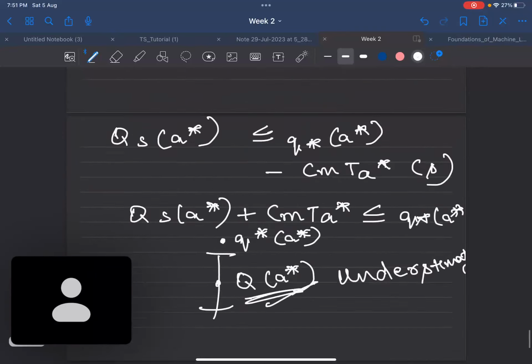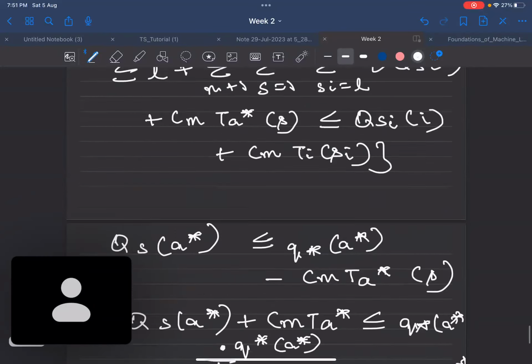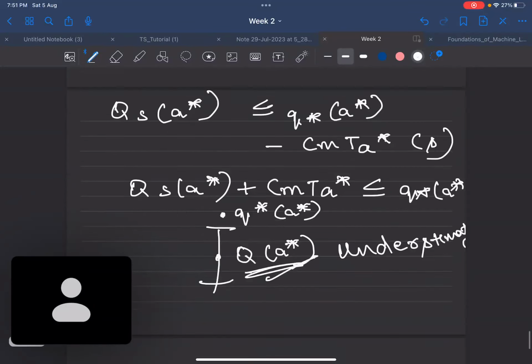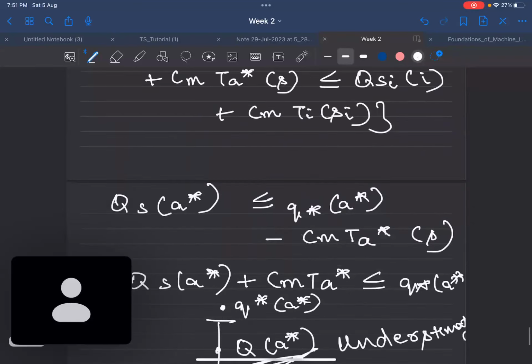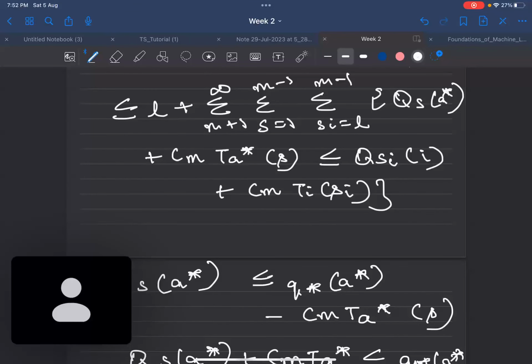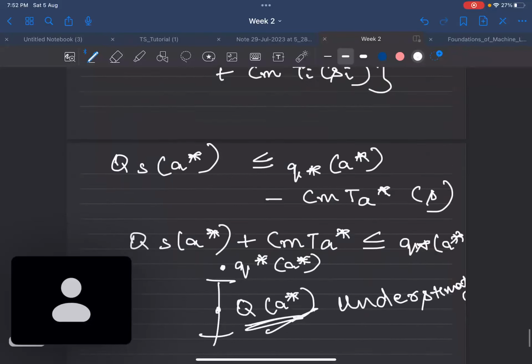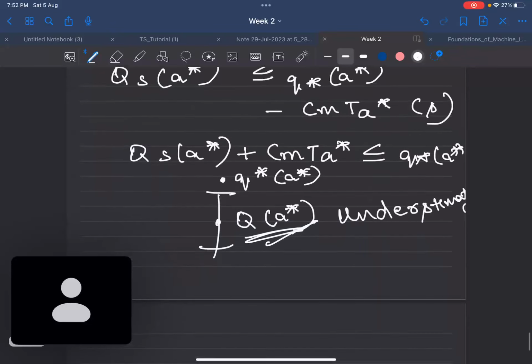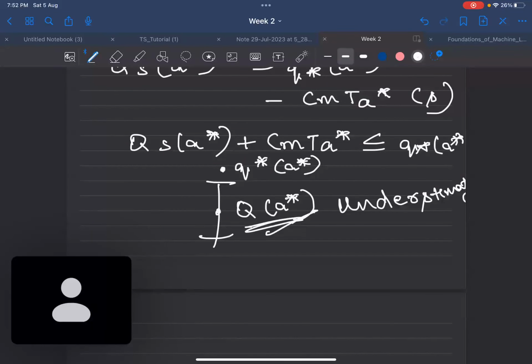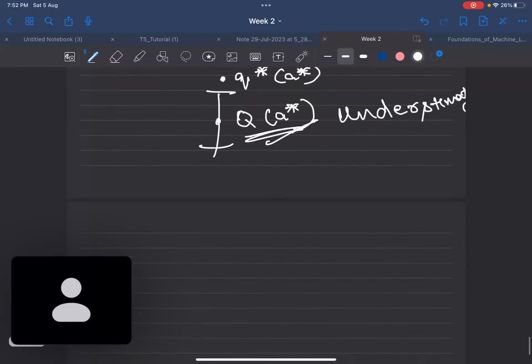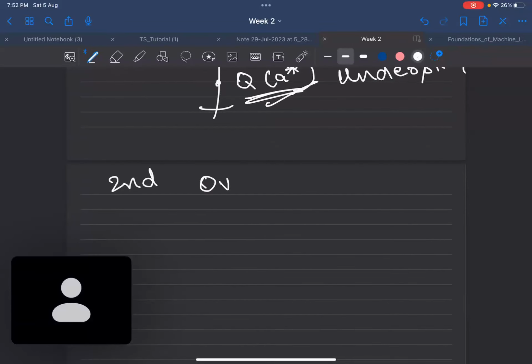Now the other thing: what are the conditions when this I will be the optimal arm, when the reward of I will be greater than the reward of A star? These three conditions are discussed here. One is underestimating, when we are underestimating the expected Q from the true one. The second condition, can I say overestimating?